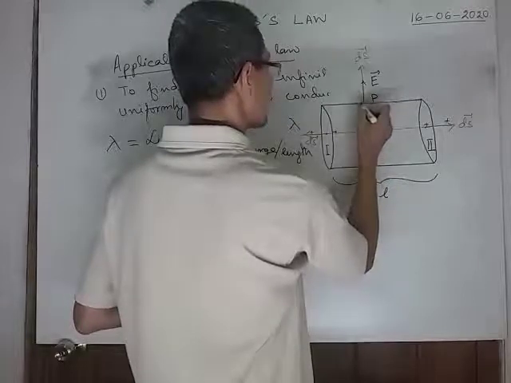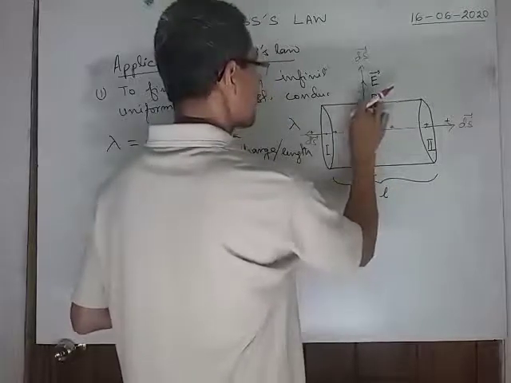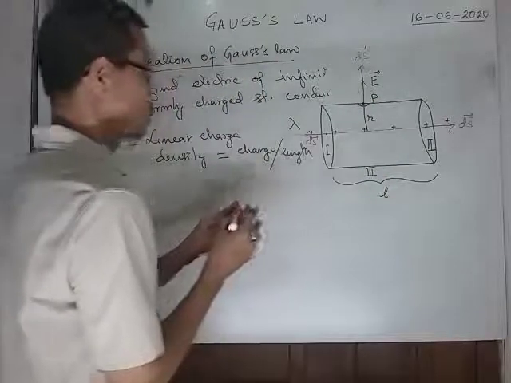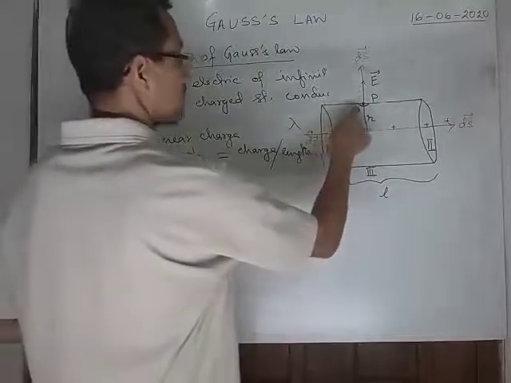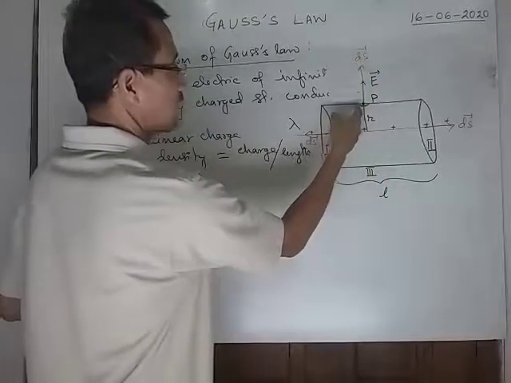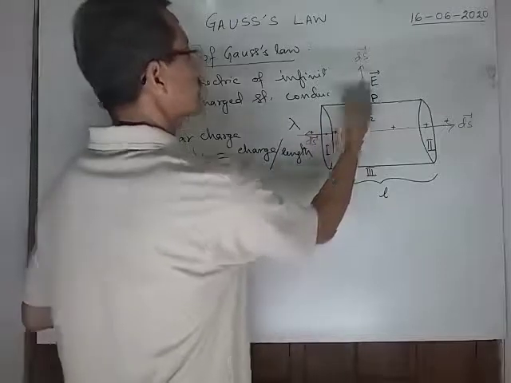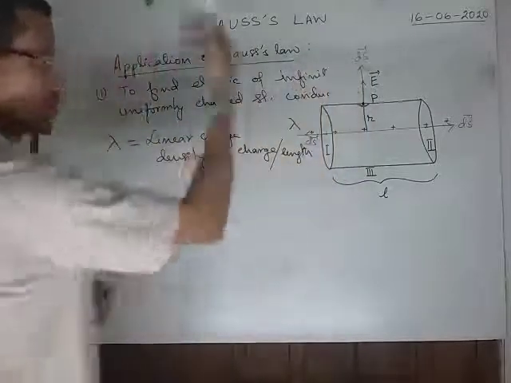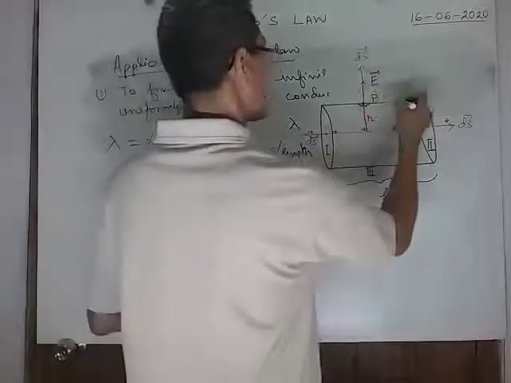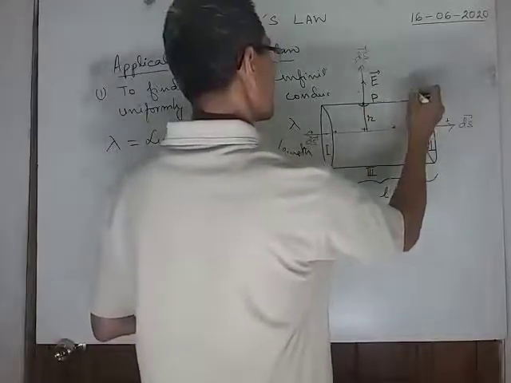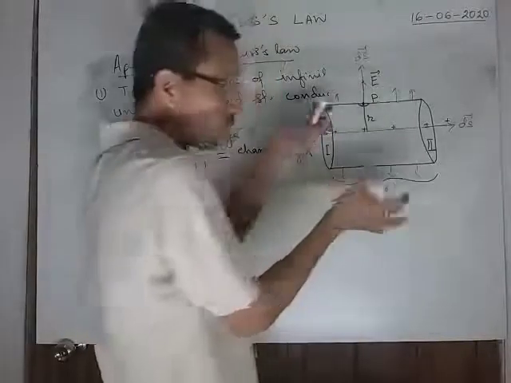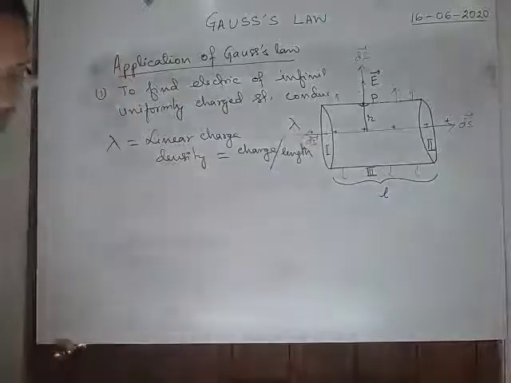If you take a small surface with area dS, the area vector will be perpendicular to the surface and radially outward, so we take that as positive. There are many such surface area elements pointing outward all over the curved surface of the cylinder.